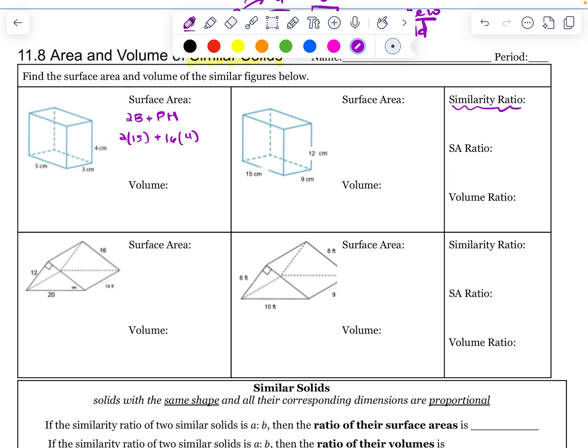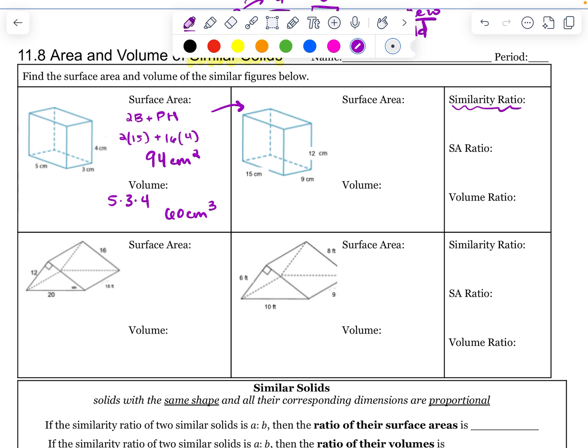So the surface area of this thing is going to be 94 square centimeters. And let's see, the volume is just going to be 5 times 3 times 4. 60 cubic centimeters.